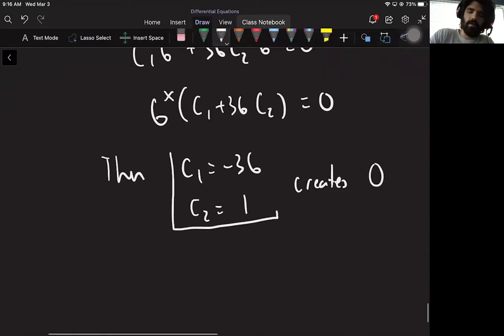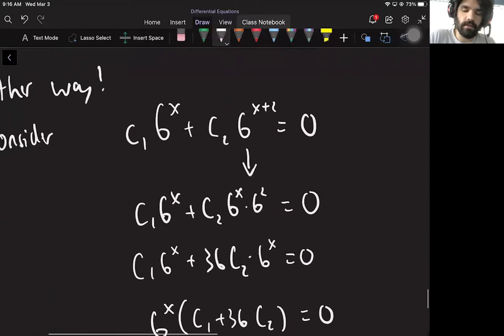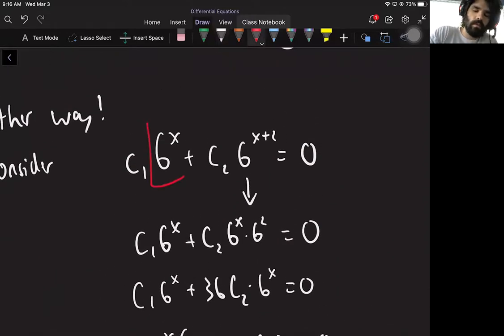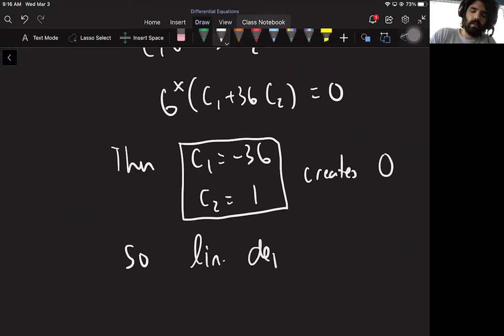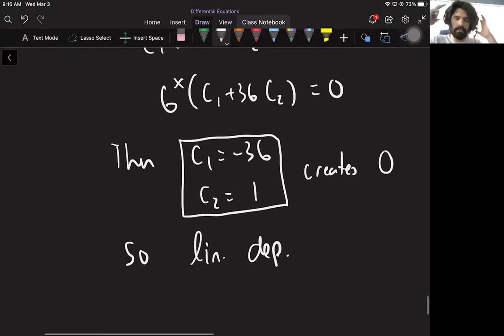And I was able to make 0 as a linear combination of these two functions without just picking only zeros. So that means that they are linearly dependent.